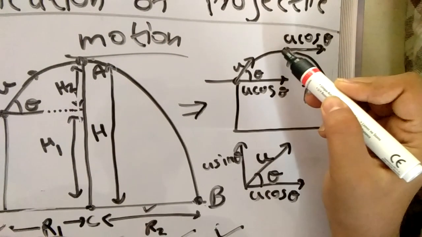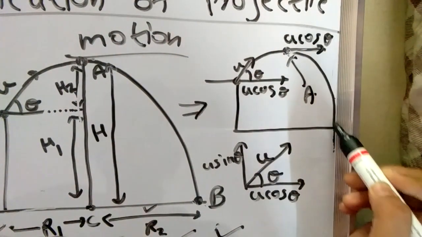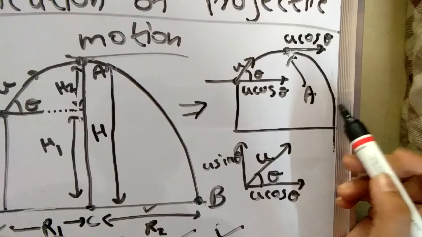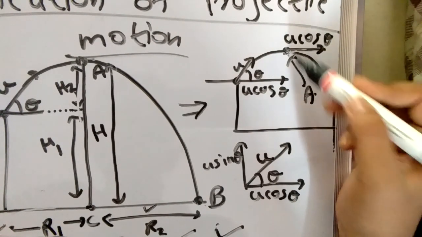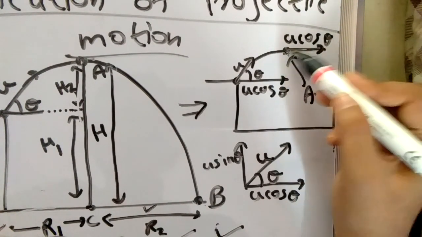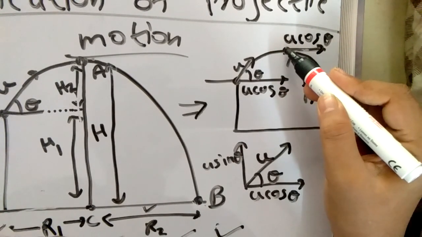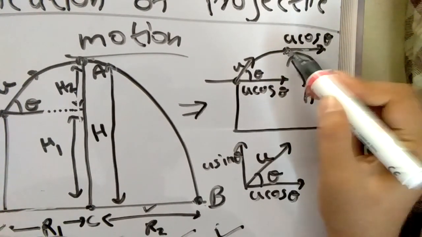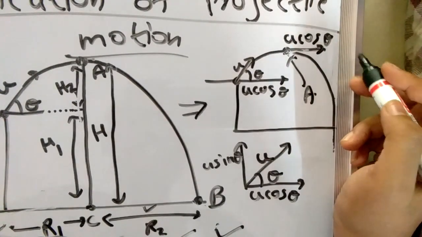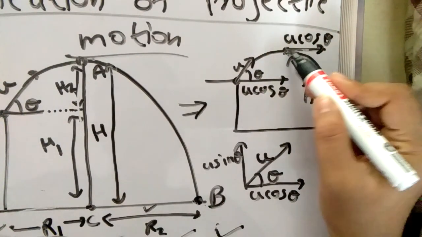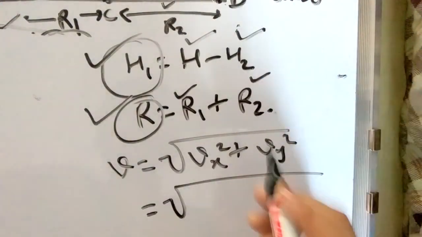You can see from the figure, the initial velocity in the x direction is u cos theta, and it will remain the same till here, because there is no force acting in this direction. So this velocity must be the same, because acceleration is 0, so velocity is the same. When the particle comes from here to here, this component is the same, which is u cos theta, and this is the velocity in the x direction.